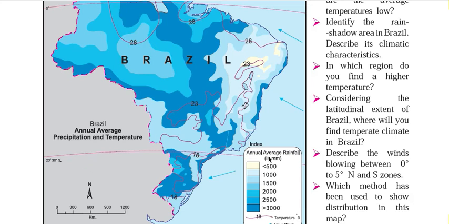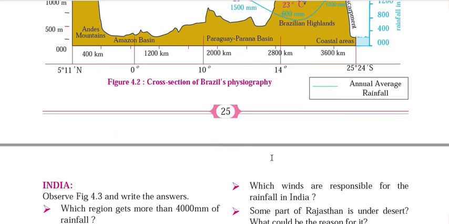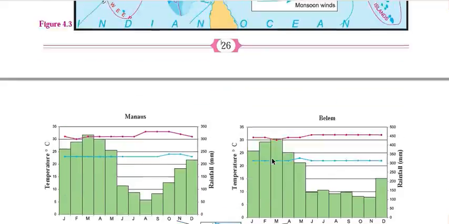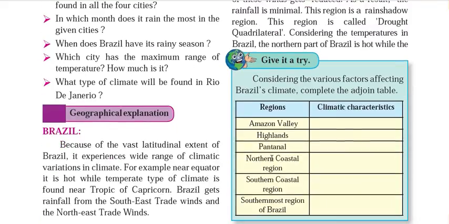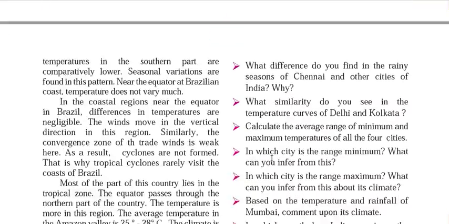As the temperature difference is minimum, there is no sudden increase or decrease in the pressure belt. So there is no formation of low pressure belts in the ocean. That's why cyclones do not occur in the ocean near Brazil.